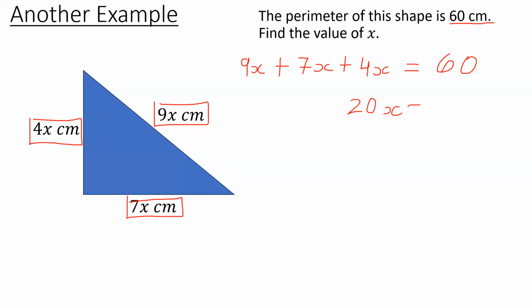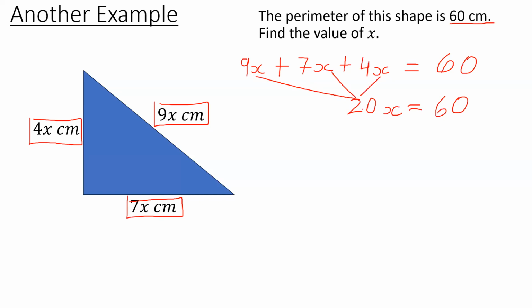Very good. It's equal to 60. How do we get to 20 though? We add all of them up. So we add up 7, we add up 9, we add up 4. So 9 plus 7 plus 4 gives us the 20.